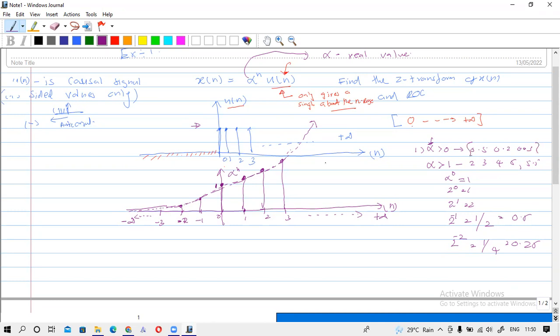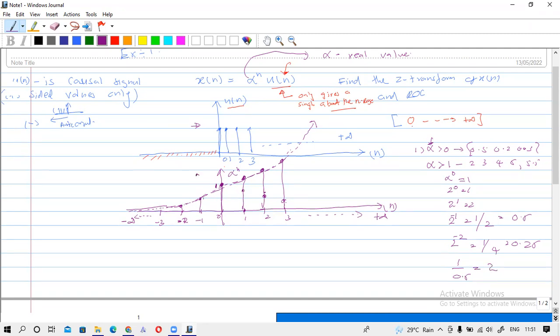So what happens? You can see that the 0th value is 1, no issue. And if it is 0.5, the first value will be 0.5, so it is less than this one. The next sample is less than this one, and the next sample value is less than this one. And if you get minus 1, that means 1 by 0.5, so you will get 2, which is greater than this one.